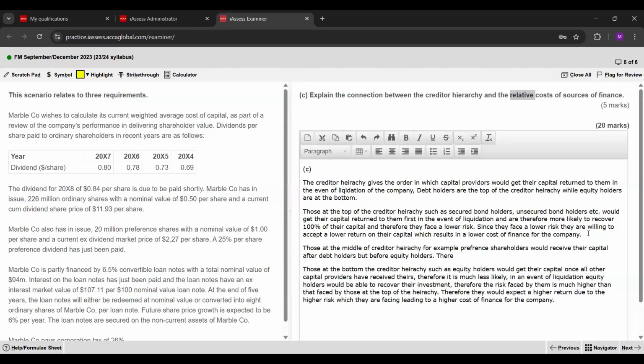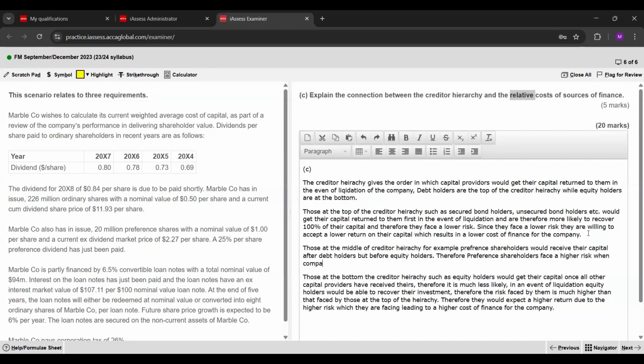Therefore, preference shareholders face a higher risk when compared to debt holders, but a lower risk when compared to equity holders.